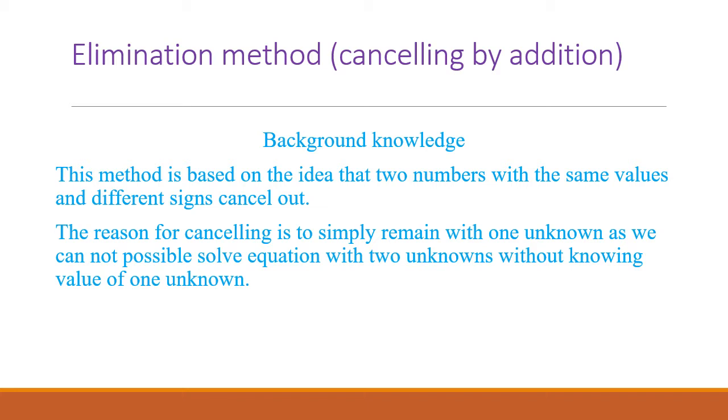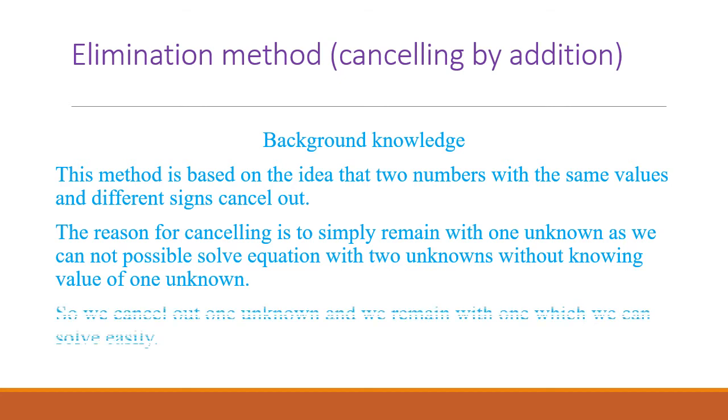We reduce these two equations into one equation with one unknown, and once we get the value of that unknown, we substitute it into an equation and get the value of the second unknown.